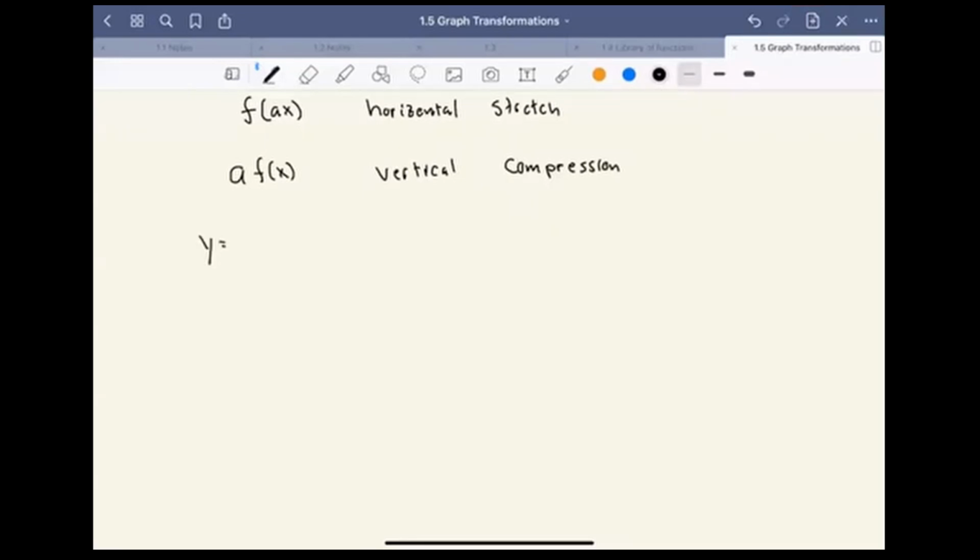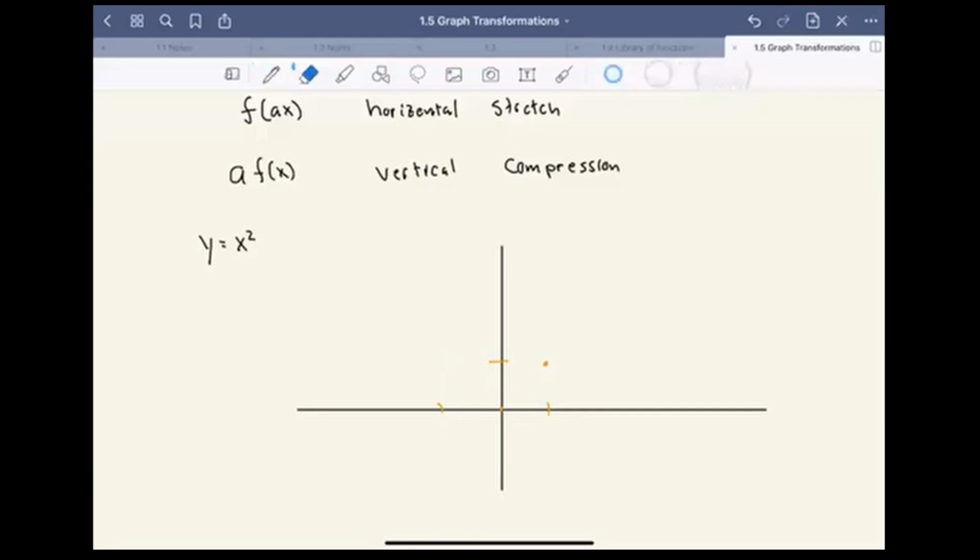So let's start with y equals x squared. I'm going to be very, very diligent about it. Okay, so 0, 0. 1, 1, negative 1, 1. Let me actually erase that to be a little bit better.